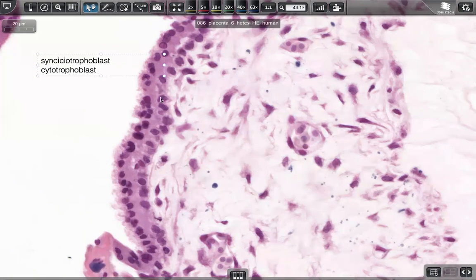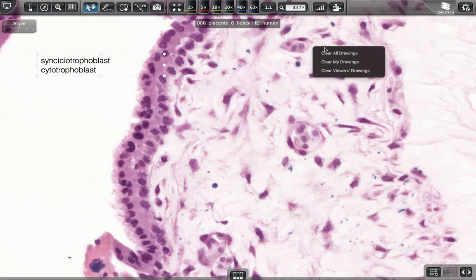And eventually, we should mention that approximately at the end of the 4th month of pregnancy, the cytotrophoblast cells are reduced and only the syncytiotrophoblast covers the villi. So after the end of the 4th month, the syncytiotrophoblast layer covers the villi.